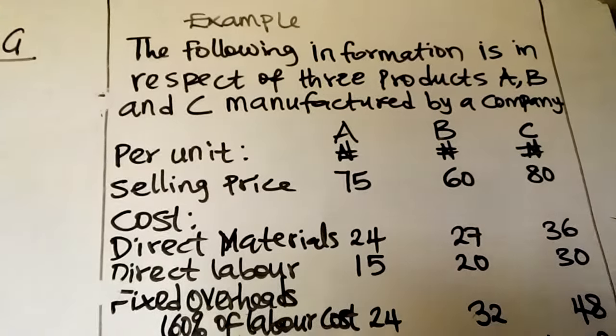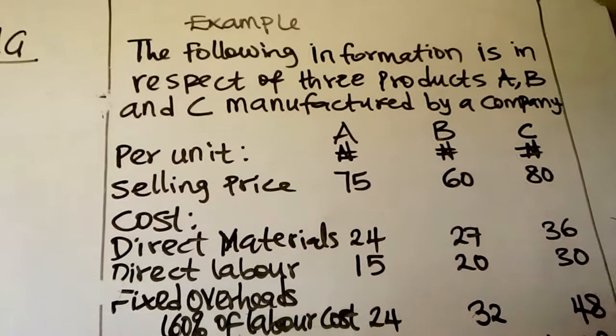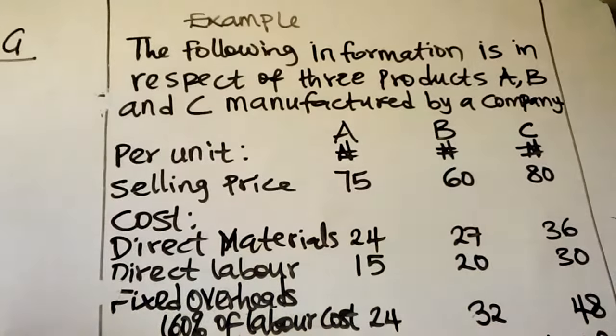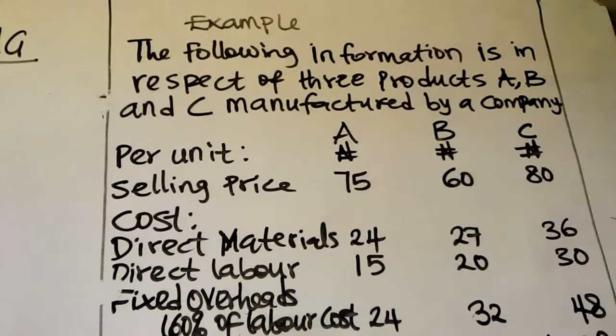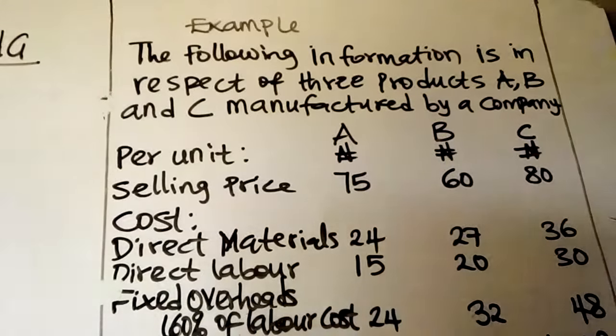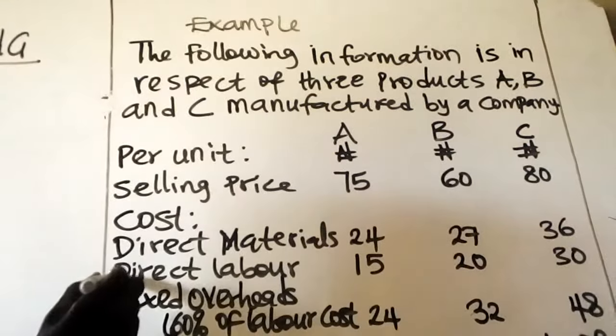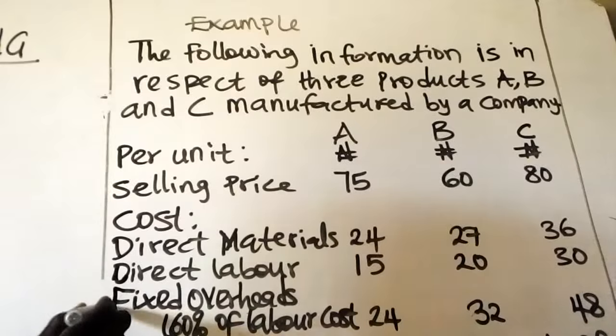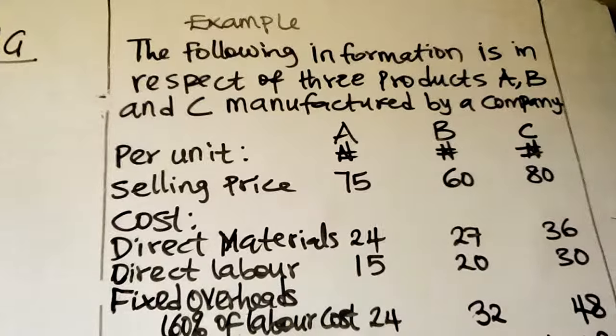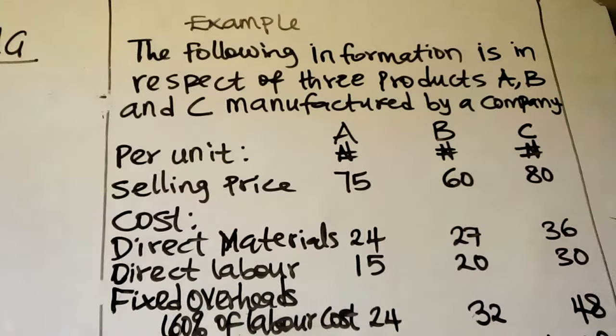Then you have cost. You are given the cost information. Then you have direct materials, 24, 27, and 36 for A, B, and C respectively. Then you have direct labor of 15, 20, and 30 for A, B, and C respectively.